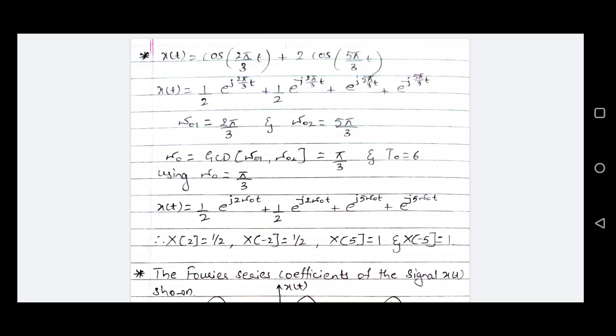Now let us assume omega naught 1 to be 2 pi divided by 3 and omega naught 2 to be 5 pi divided by 3.